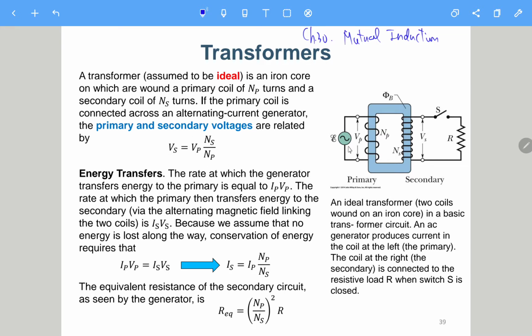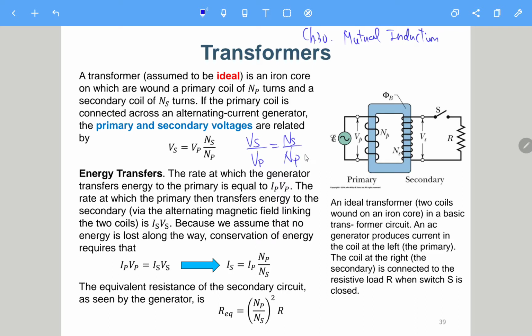Vp is the root mean square value of the voltage for the primary coil, and Np is the number of turns for the primary coil, and so as Ns, Vs are the number of turns and the root mean square voltage for the secondary coil. So it will satisfy the condition Vs over Vp equals Ns over Np, which means that the voltage of that coil will be proportional to the number of turns.